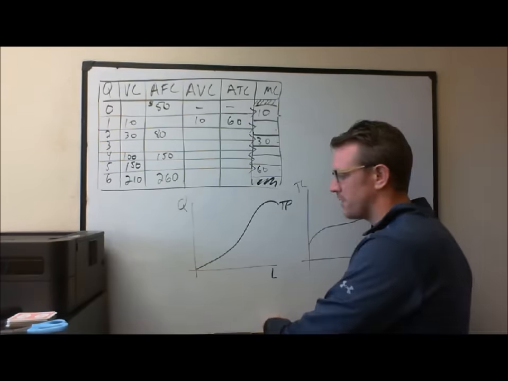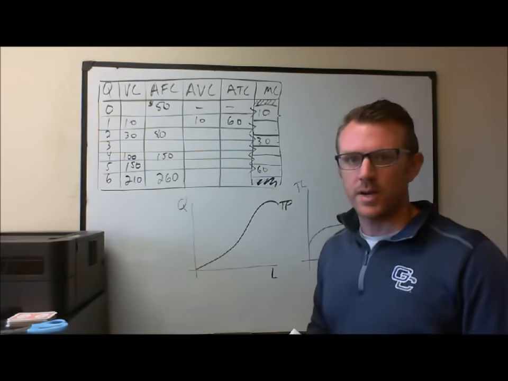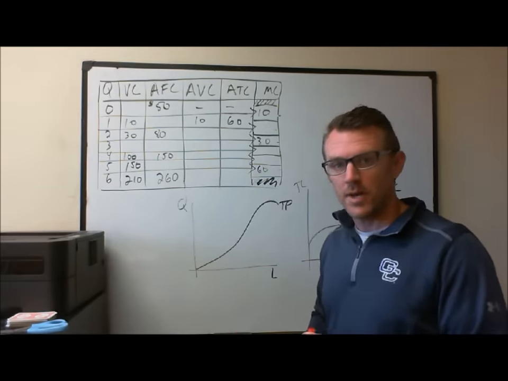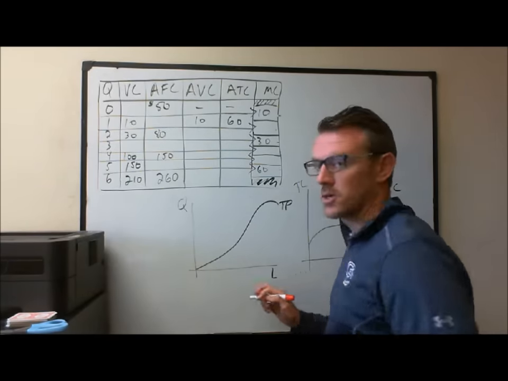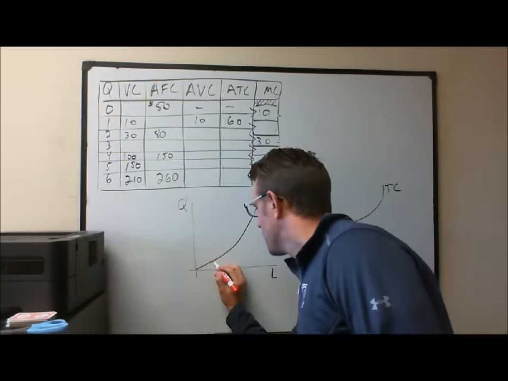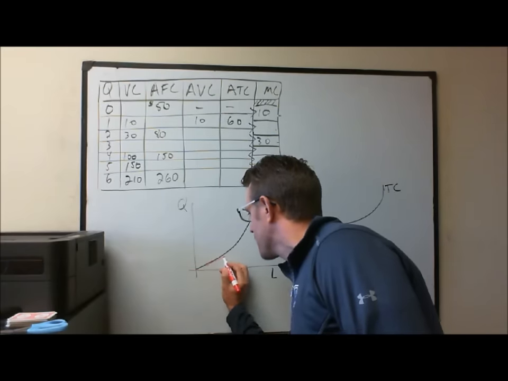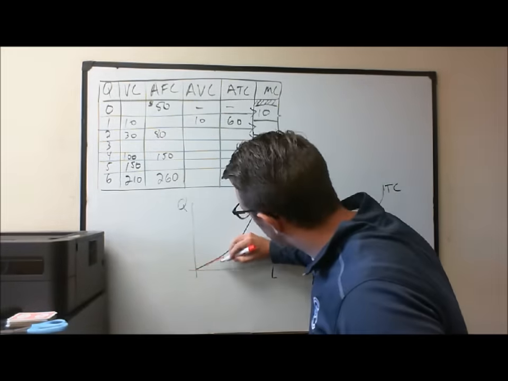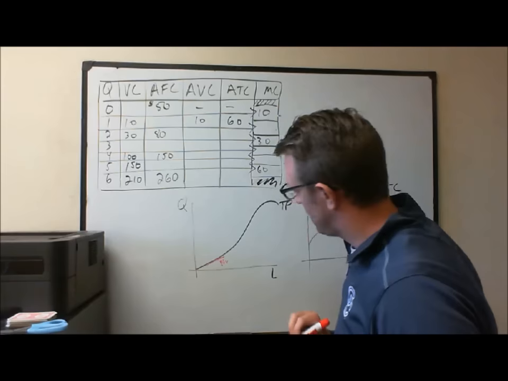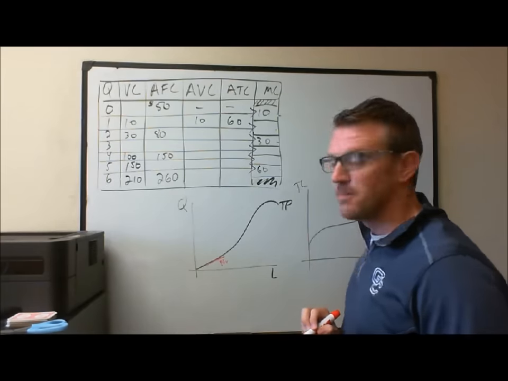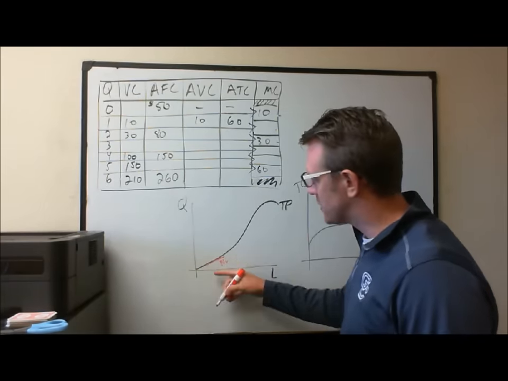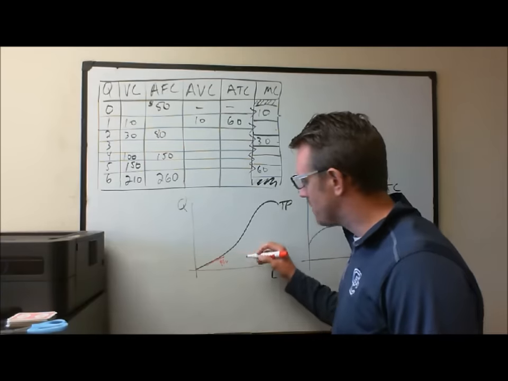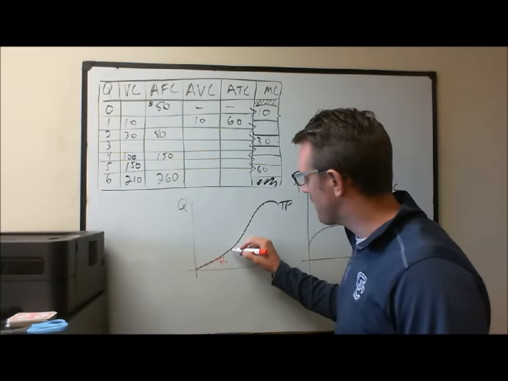Well, so far we have learned that the change in total product curve is the marginal product of labor. Through our game we learned that marginal product of labor diminishes at some point. In the beginning we might hire just one worker and they're trying to do everything.